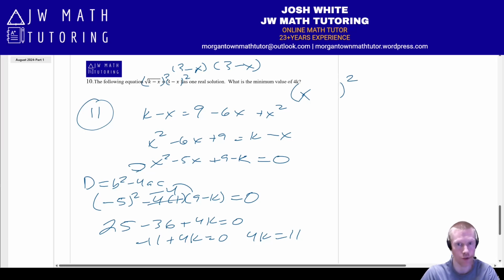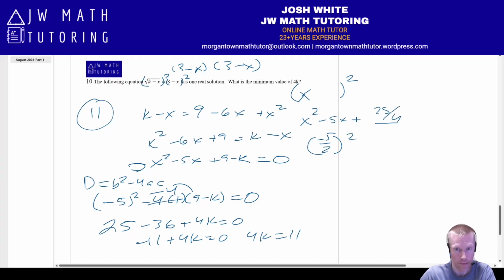In other words, you complete the square. So it's going to be x squared minus 5x plus, and the number that goes in here if you do completing the square is the b term divided by 2 squared. So it's really 25 over 4.